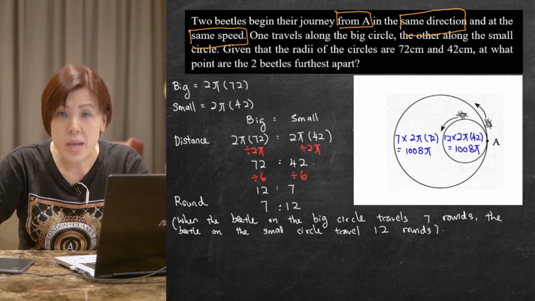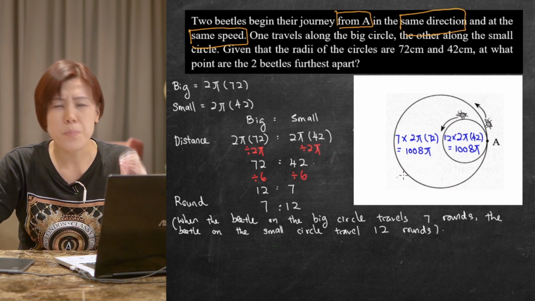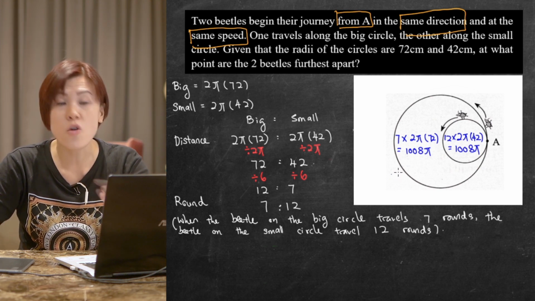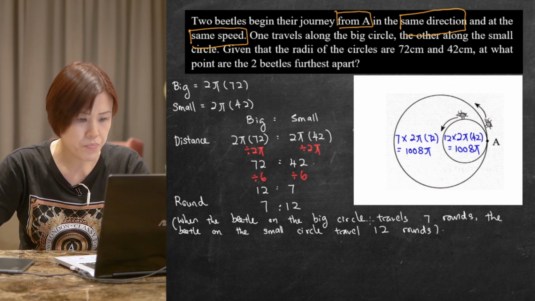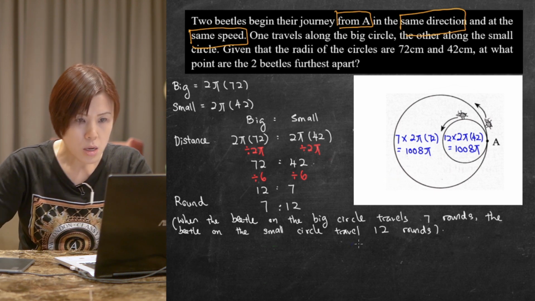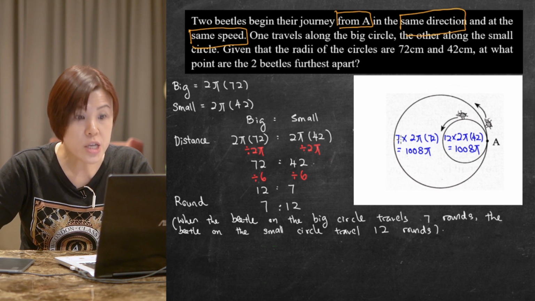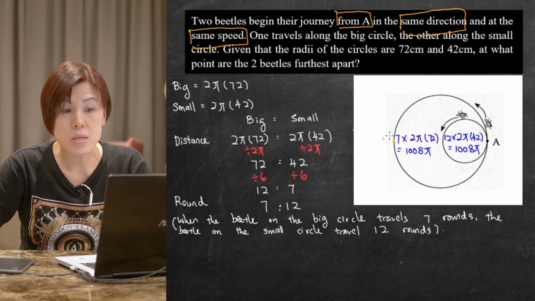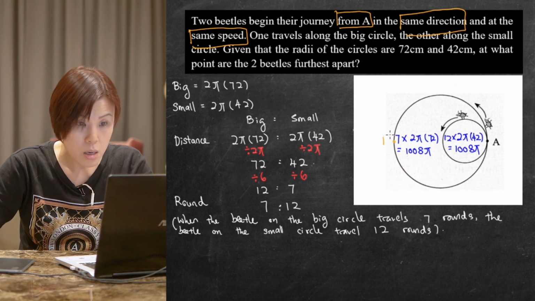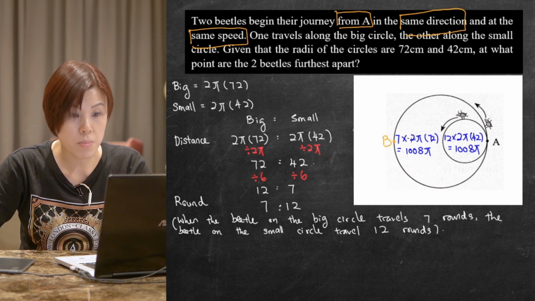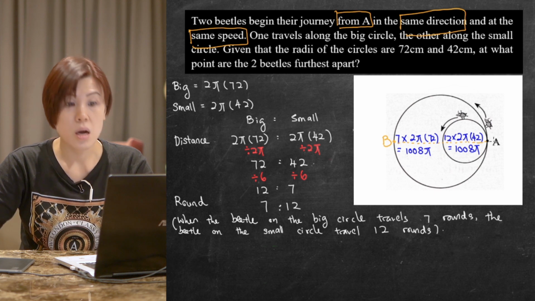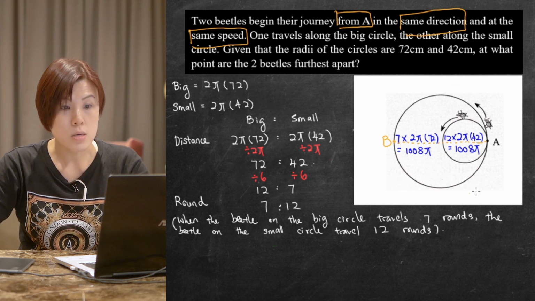So from this big circle, we can see that the point that is furthest from the small circle should be this point, which is directly opposite point A. This is the point furthest from the small circle.